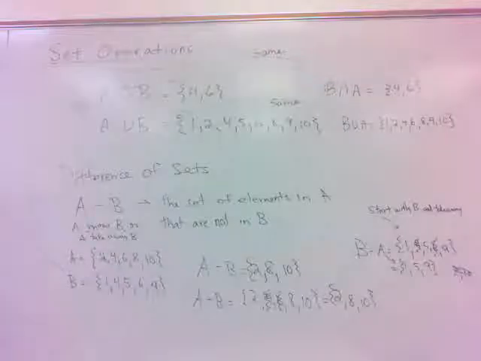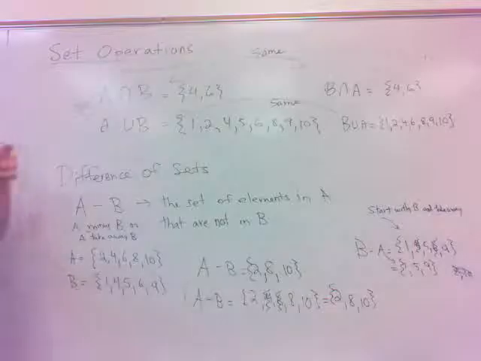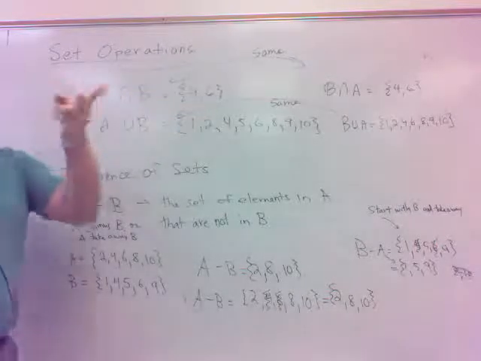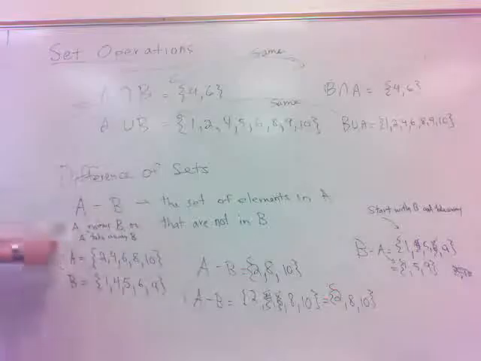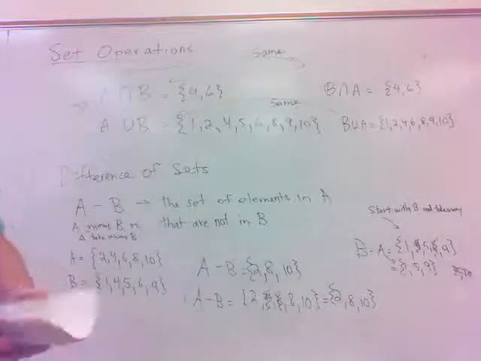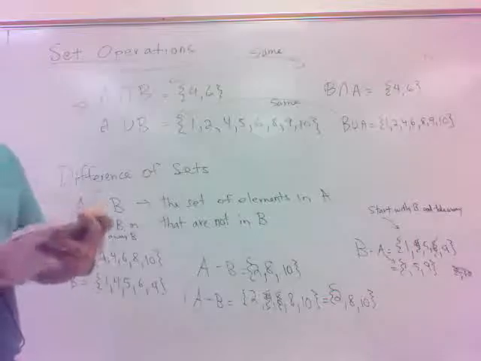If you can switch them and it doesn't change it, extra point. Commutative. It's the commutative property. Intersection and union are commutative. In other words, you can switch them around, it doesn't change it. Difference is not commutative. Okay, that's just extra bonus there.